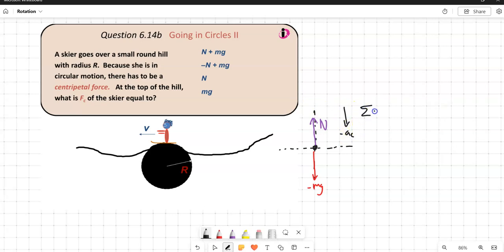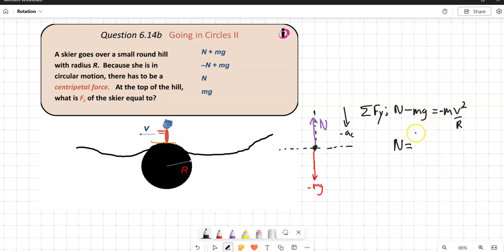So when you sum your forces in the y direction here, the normal force minus mg is going to be equal to that centripetal force, mv squared over r. But the weird thing is, that's going to be in the negative direction.